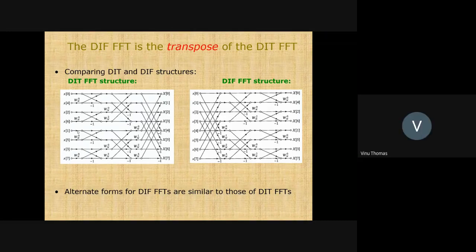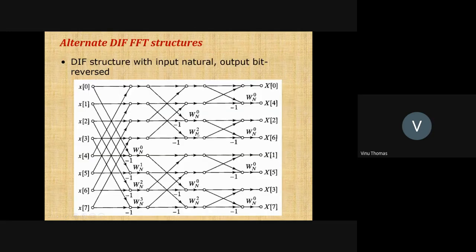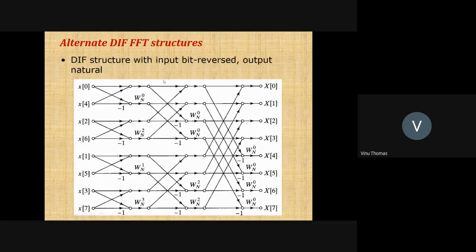Okay, and you also have discussed that when you have a single input, single output signal flow graph, the transpose of the original signal flow graph will have exactly the same functionality. So you can replace the original block by the transposed blocks. Nothing will change if the signal flow graph is single input, single output. However, that cannot be generalized to multiple input, multiple output. Okay, so that is about DIF FFT.